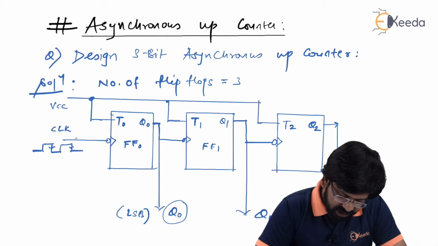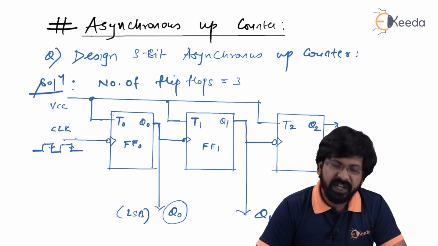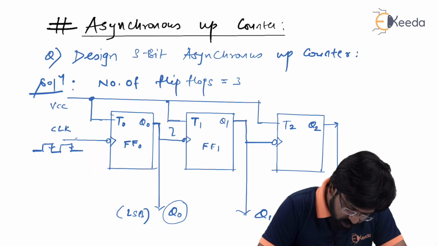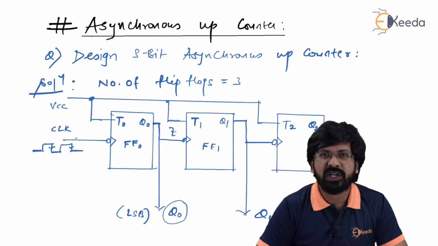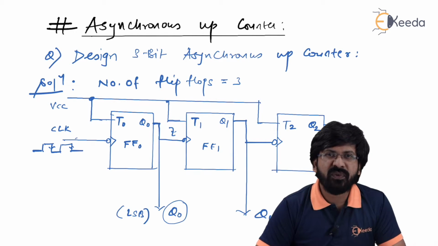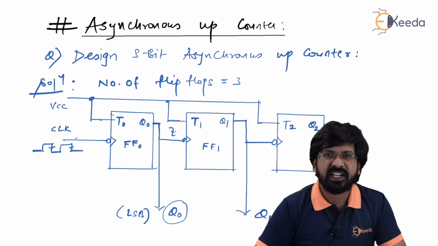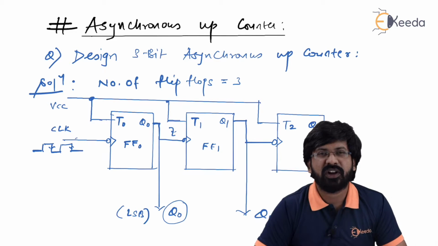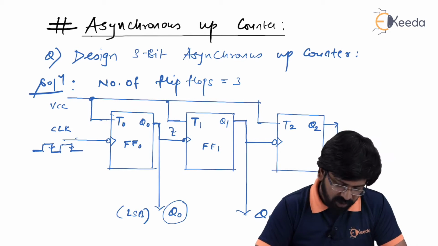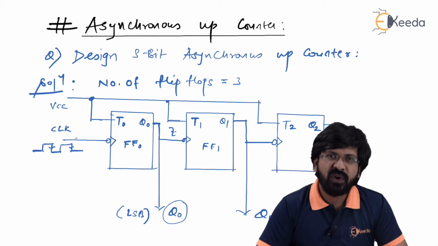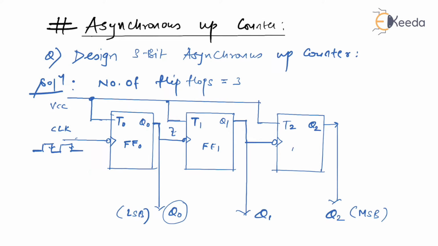So can I say that Q1 will keep on toggling every time Q0 falls from 1 to 0? Every time Q0 falls from 1 to 0, Q1 will toggle, because Q0 is acting as a clock for flip-flop number 1, because of which Q1 is changing. For flip-flop number 2, let's have this discussion also. As you can see, T2 is also connected to 1.